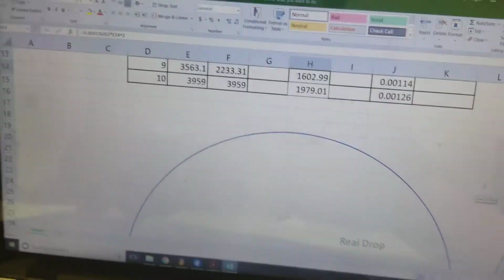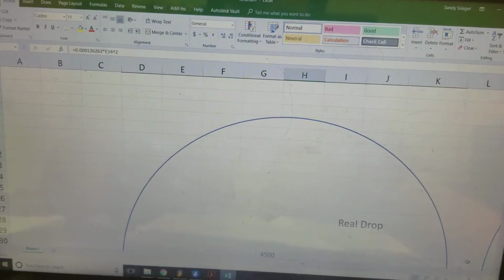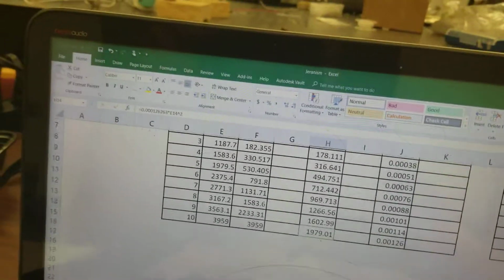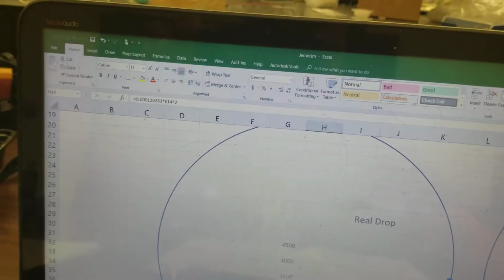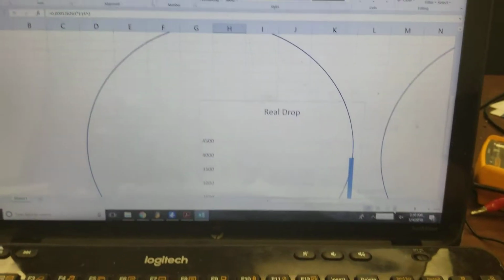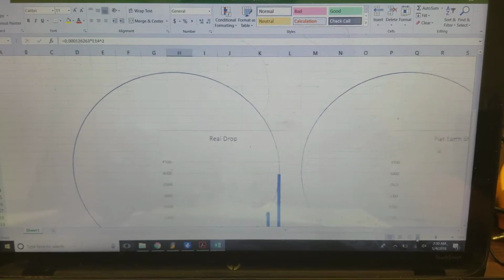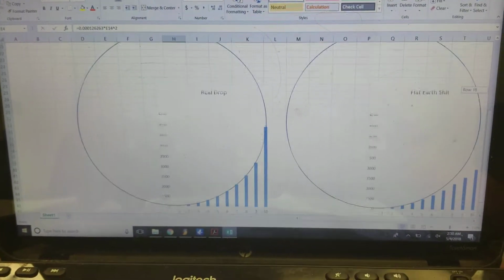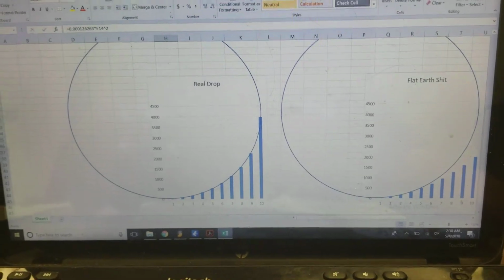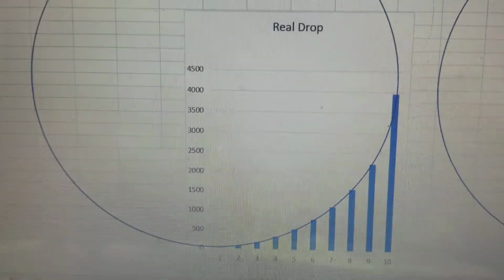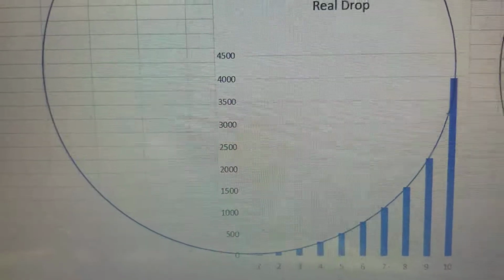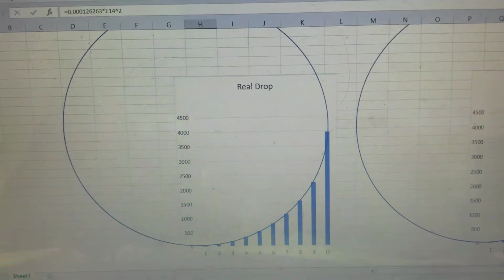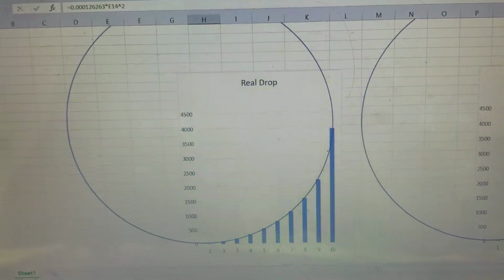Okay. So I came up with a little visual representation that very clearly shows... hold on, guys. I'm trying to hold a phone and operate this at the same time. Okay. So, this is the real drop. You see how I took a perfect circle. The aspect ratio of this is the same. I can share this Excel file if you like.